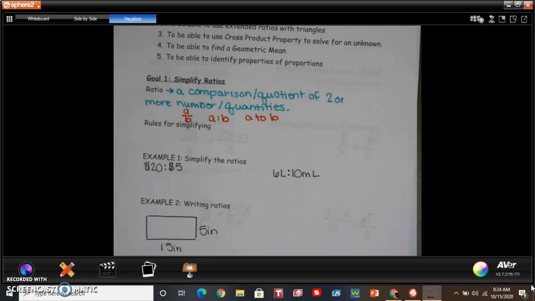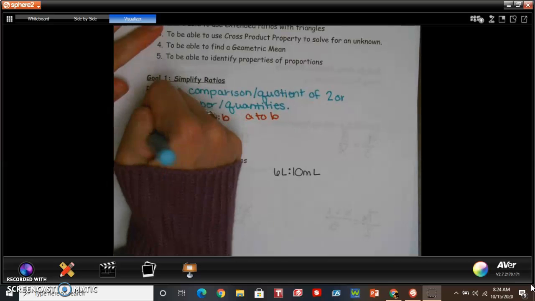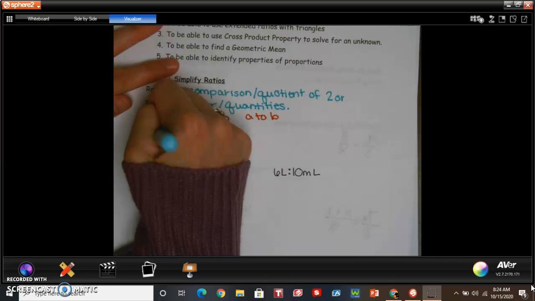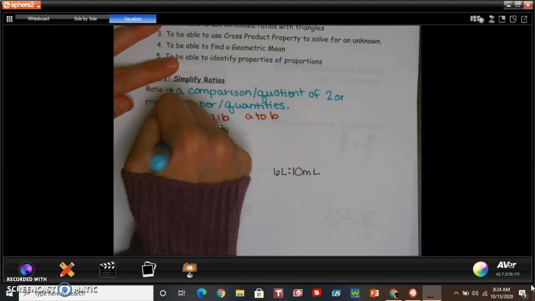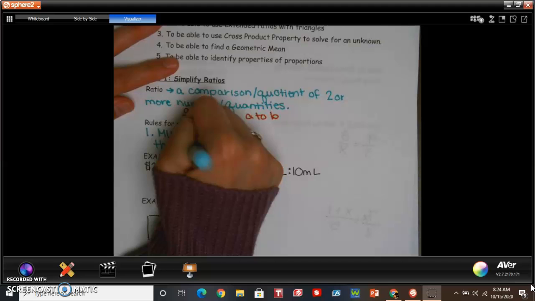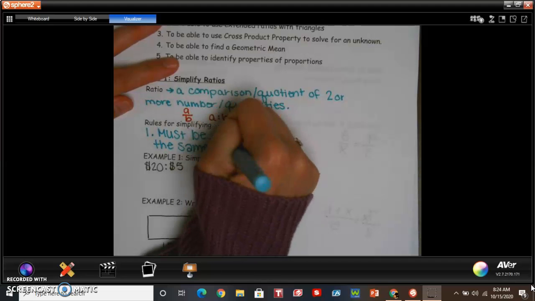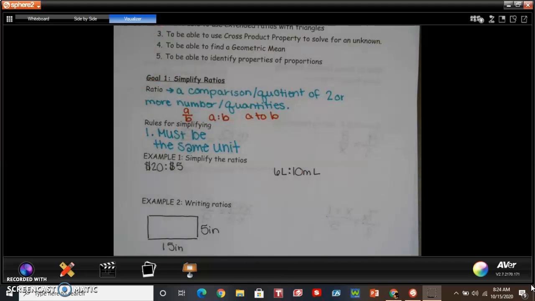Now when it comes to simplifying ratios, there are 2 rules. Rule number 1, they must be the same unit. What I mean by that is if one's $1, the other one needs to be $1. If one's feet, the other one needs to be feet.